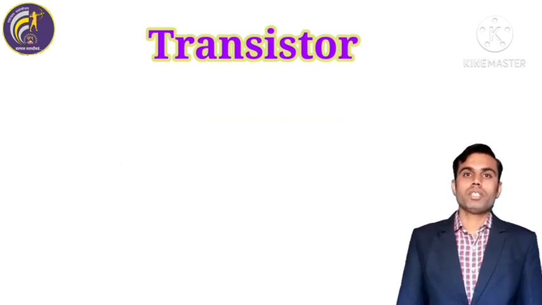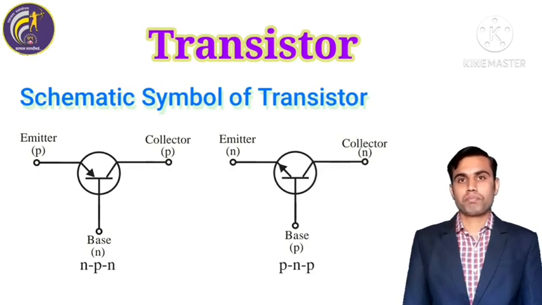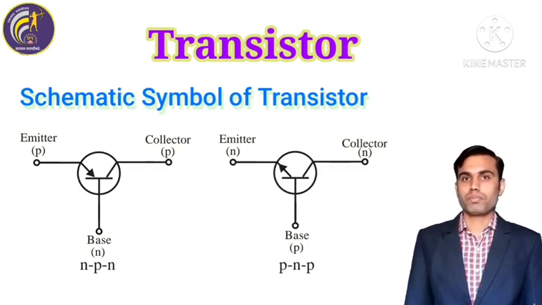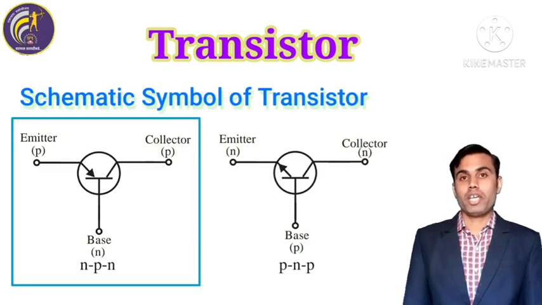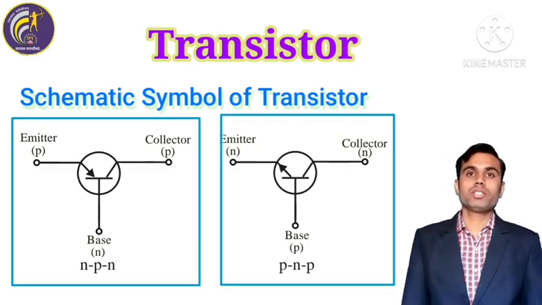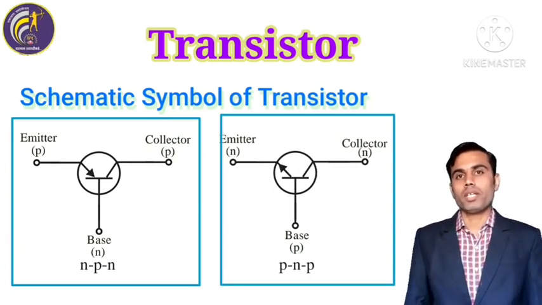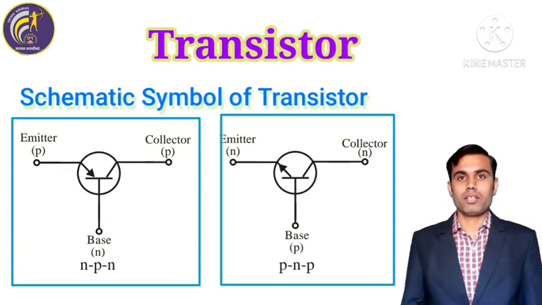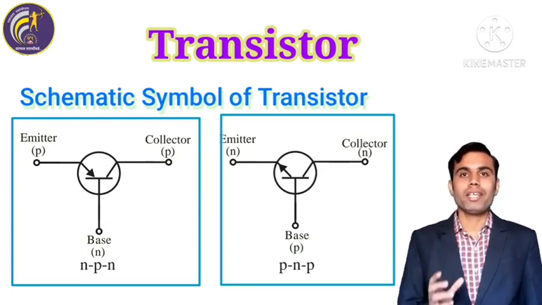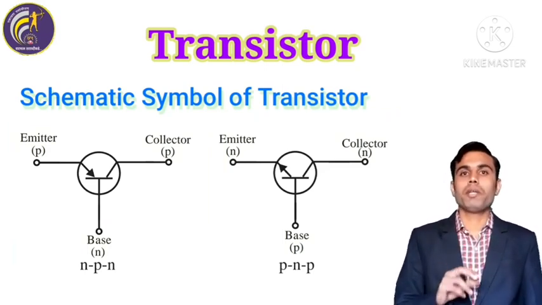Now if we see the schematic symbol of transistor, there are two types of transistors, NPN transistor and the second one is PNP transistor. Here two N-type semiconductors are joined together by growing a thin layer of P-type material in between them.